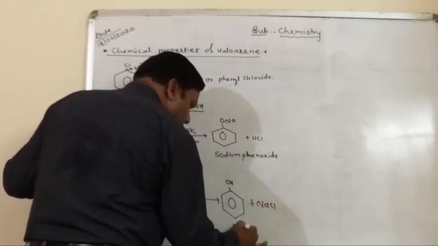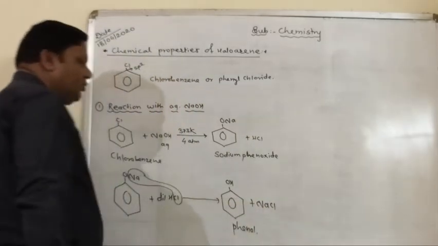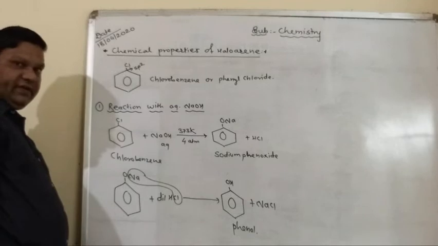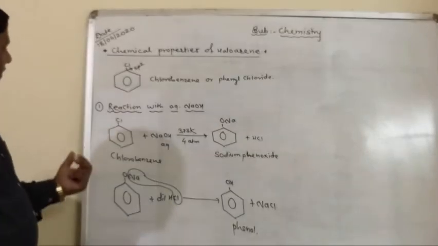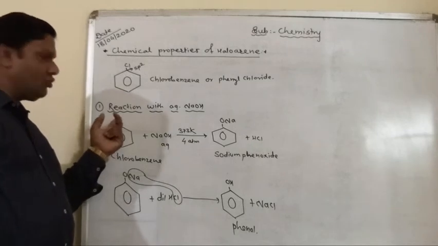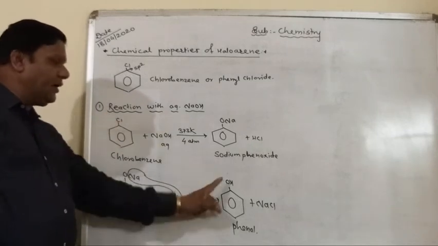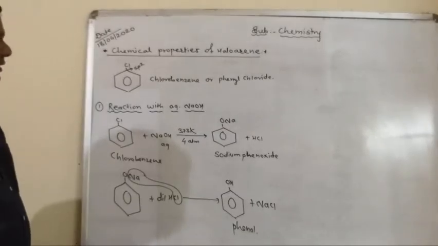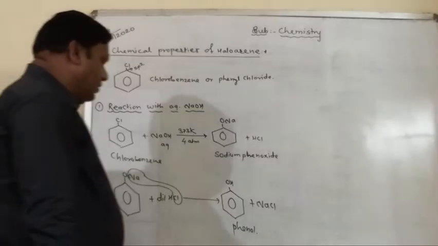Formation of phenol from sodium phenoxide, or sodium phenate. Is it clear? So it simply says that the chlorine group, or chloride group, is replaced by OH from the sodium hydroxide. Is it clear?